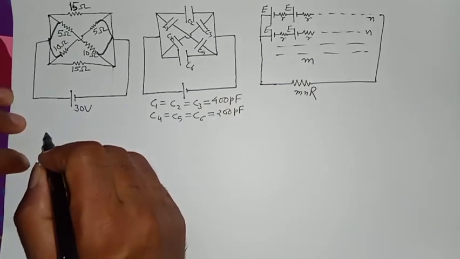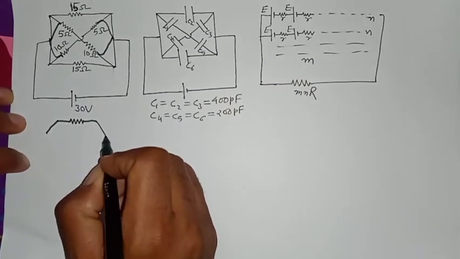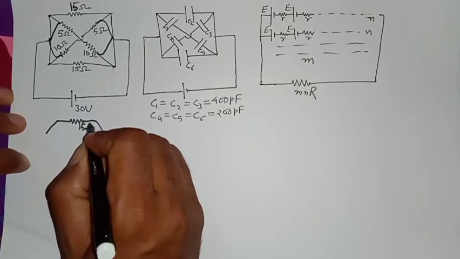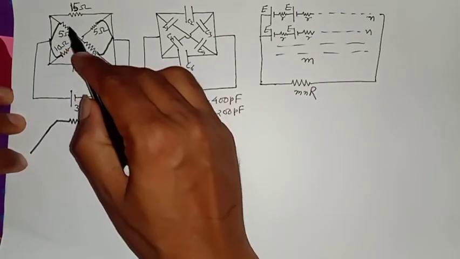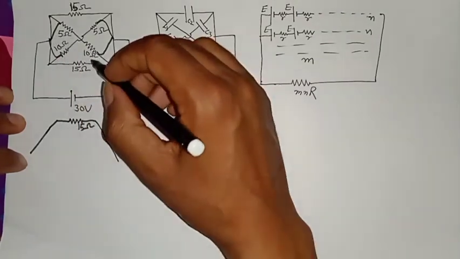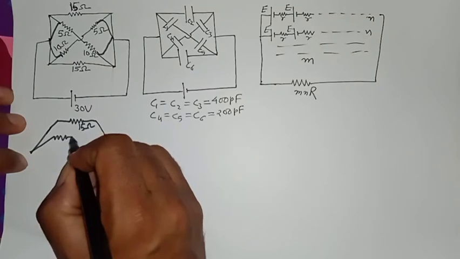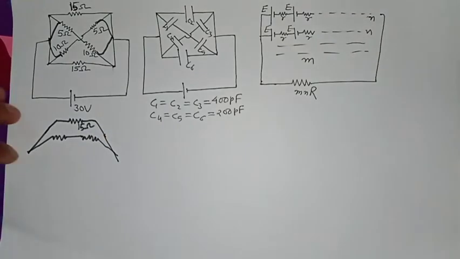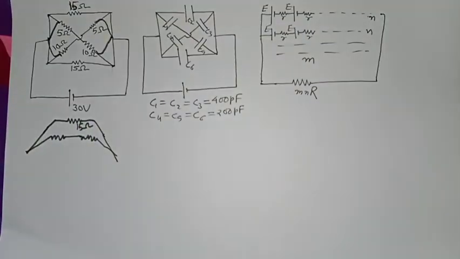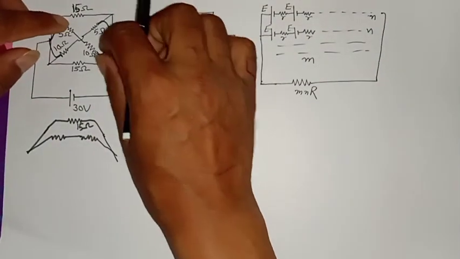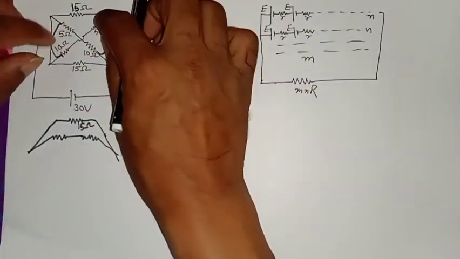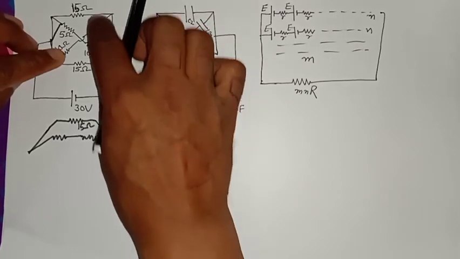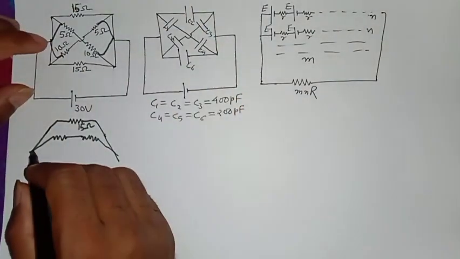So I'm redrawing this circuit. Okay, nothing to do with this 15 ohm. Then it is going this way. What if I do it like this? Okay, so I've kept it here and moved this upward, so it became this, and I'm pulling this here.